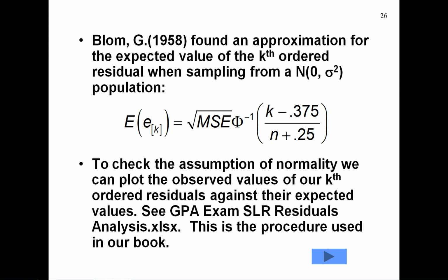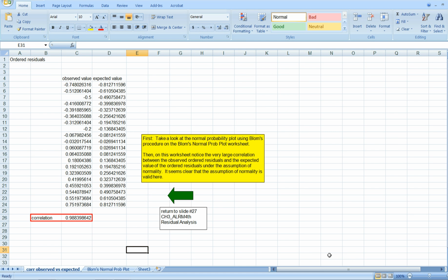We could plot the expected value of the kth ordered statistic against the actual and see if they lie on a straight line. And if they do, then that would be evidence to suggest that we do in fact have a normal distribution.